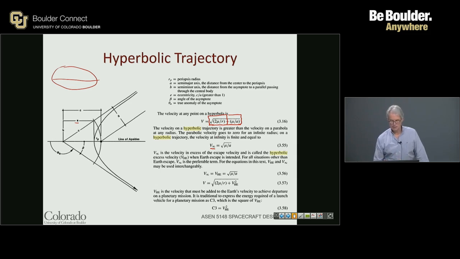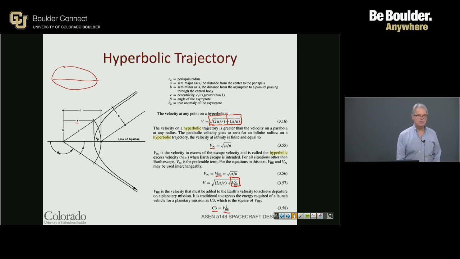From an expression perspective, particularly at Earth, we call this the hyperbolic excess velocity, V-HE. If we put V-HE under the radical sign, we've got to square it so that the units come out right. So this term is known as hyperbolic excess velocity squared, which in the business of launch vehicles comes back to something called C3.